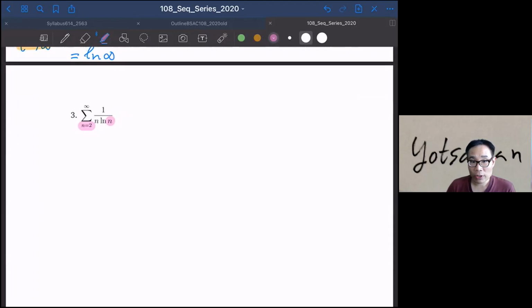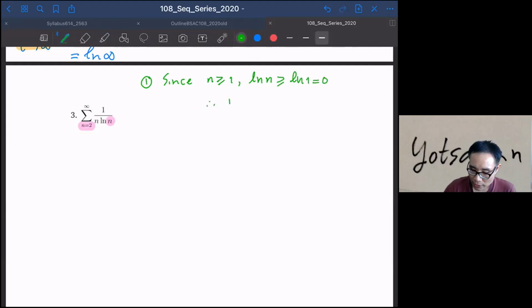The thing that is going to be different turns out to be when you do the integral at the third step. Okay, before I do the integral at the third step, let's do the first and the second step. For the first step, you know that since n is more than 1, you have log n more than or equal to log 1, which equals 0. So you can multiply them together.